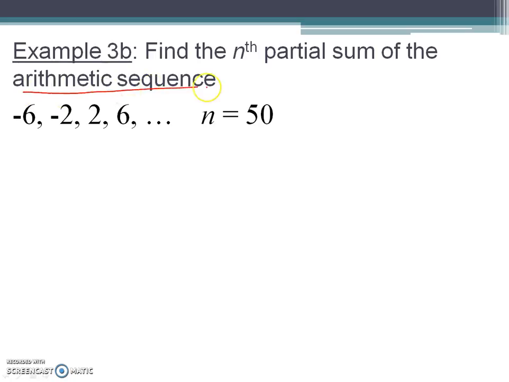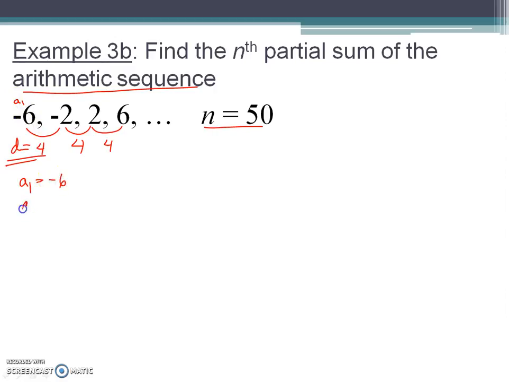And so this one, here's an arithmetic sequence. We want to find the nth partial sum. We don't yet know the formula that generates the sequence, so we can look at it. The common difference here is 4. So a sub 1, there's no ellipsis here, so that's indicating that this is the first term in this sequence.